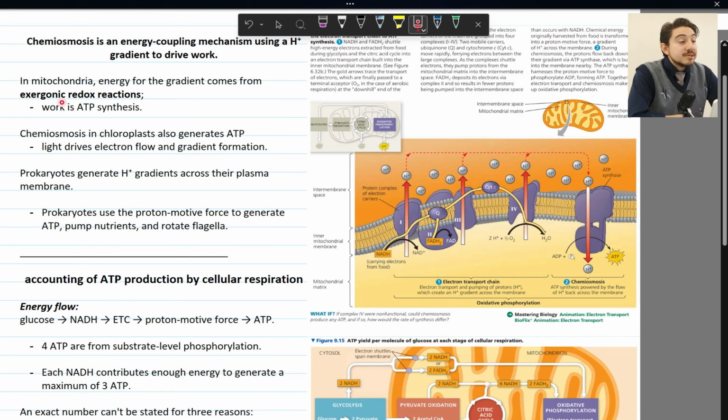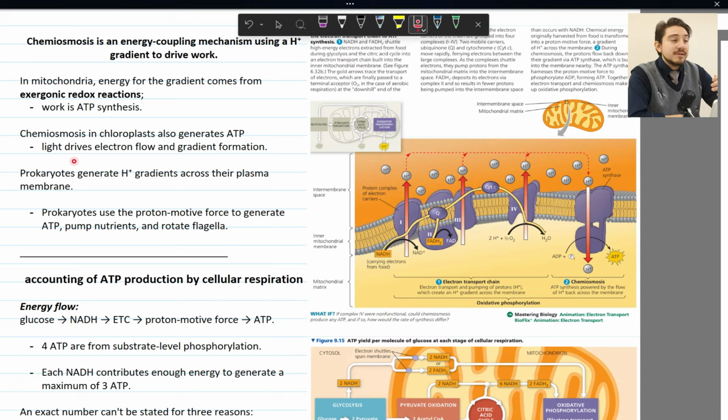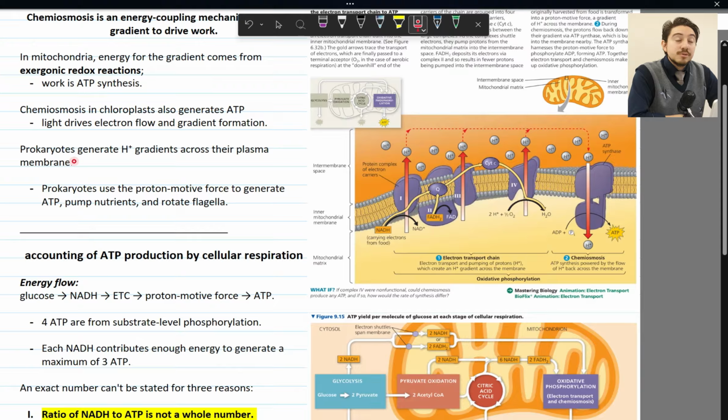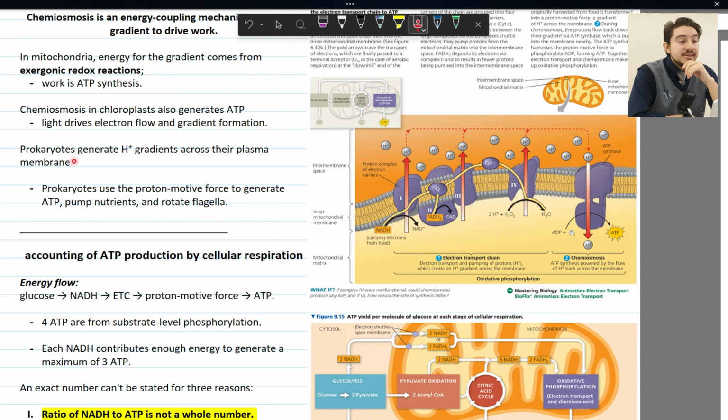This whole idea of creating this gradient of hydrogen plus ions ultimately comes from the exergonic redox reactions, the reduction oxidation reactions that we've seen before in the Krebs cycle. Ultimately, to harness that energy and produce that proton motive force, it drives ATP synthase.